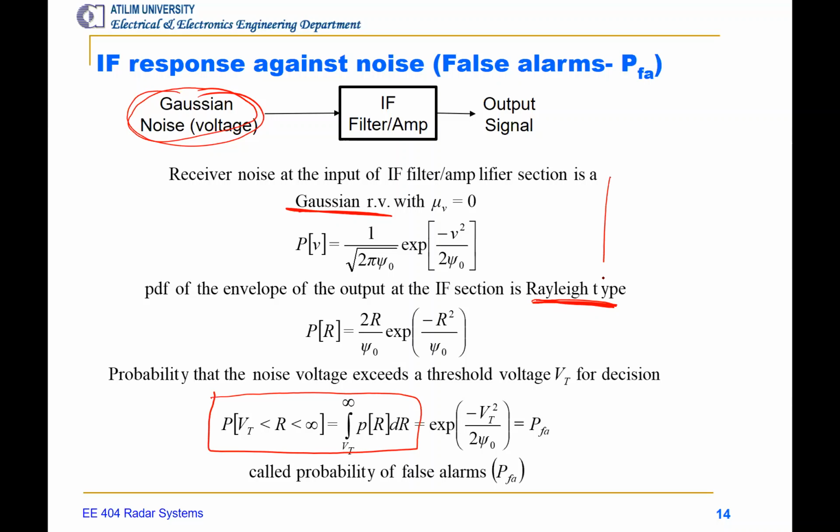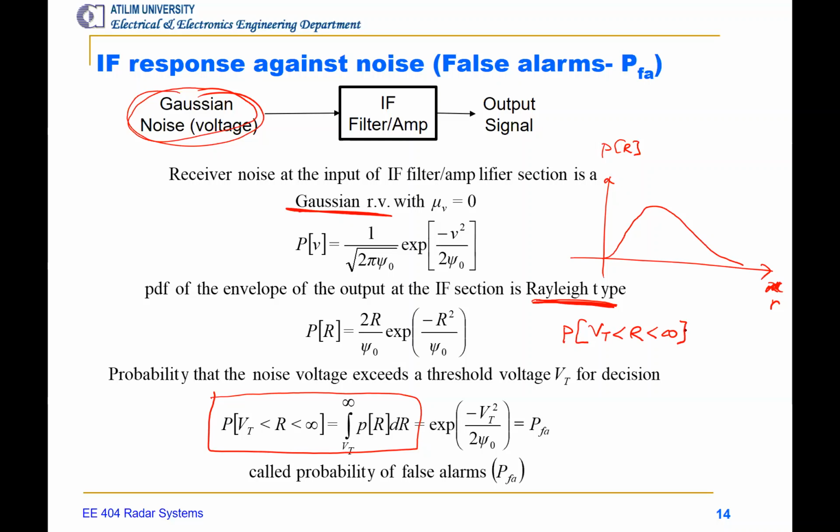We can now go back to the PDF of the Rayleigh signal. That's the PDF of the Rayleigh signal. Let's say R, not X. Now, the probability that R is greater than the threshold but less than infinity.